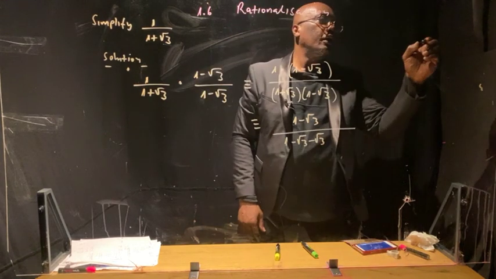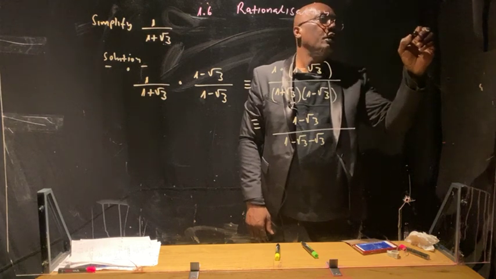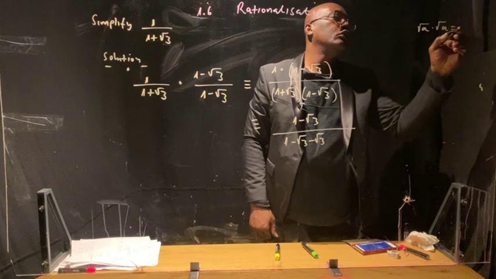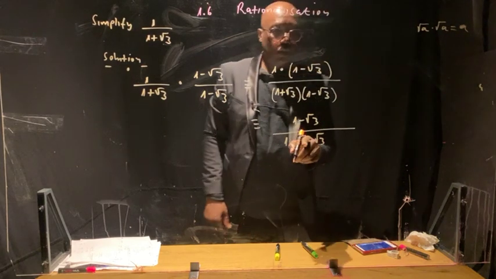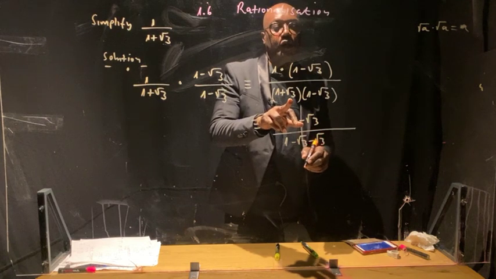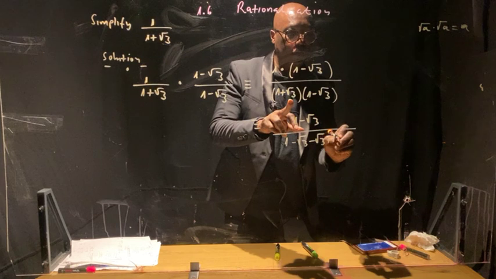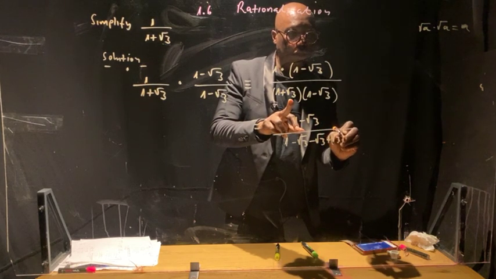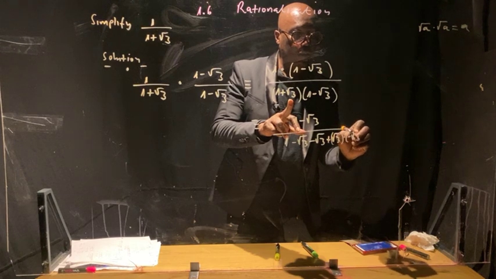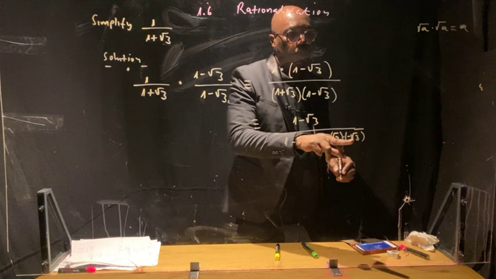Remember, we said that root a multiplied by root a is equal to a. So you can see that if we multiply root 3 plus root 3 minus times minus root 3, it becomes root 3 times root 3, which is 3.